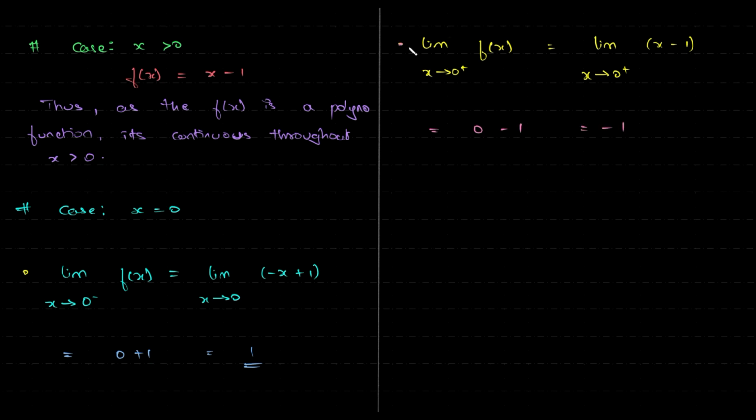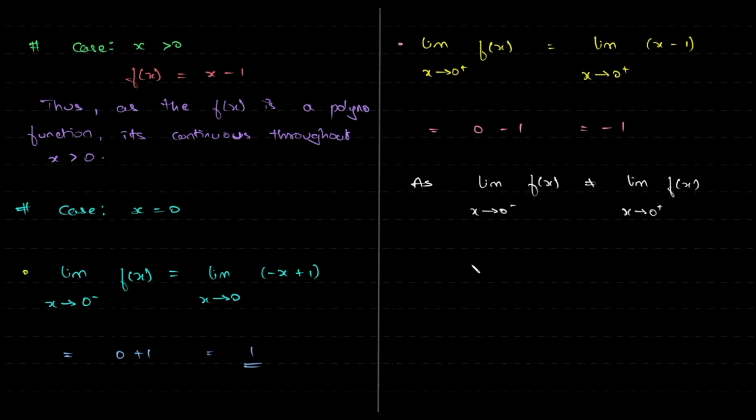So it doesn't matter what is happening at the value. What we're looking at is that limit f of x as x tends to 0 minus is not equal to limit f of x as x tends to 0 plus. So what can we conclude?